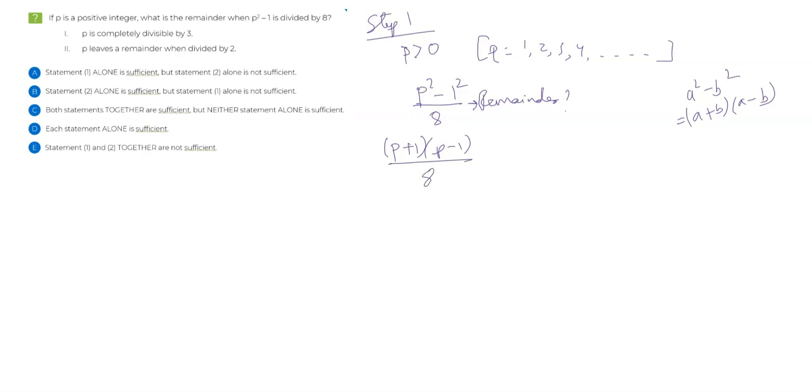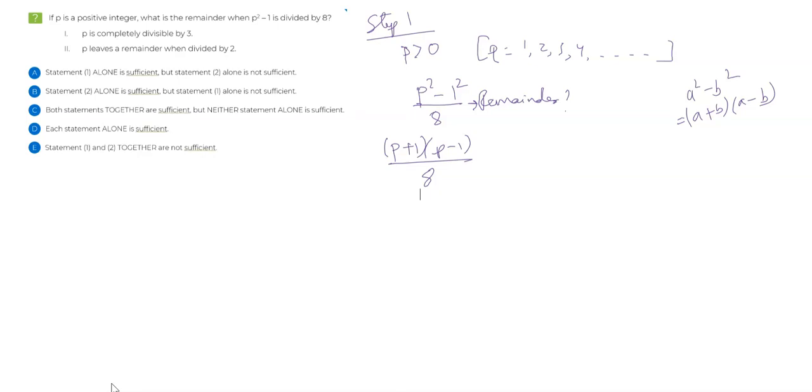Okay. Another thing here is, whenever you are asked the divisibility of, say, 2, 3, 6, 8, sometimes it deals with the nature of the number, whether it's an even number or an odd number. So if you want to find out the answer, you can think a little bit whether you can say anything about p plus 1 or p minus 1.